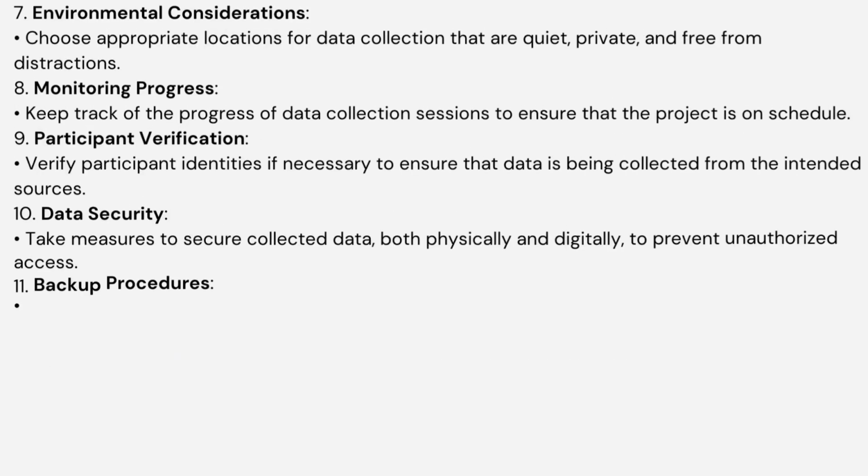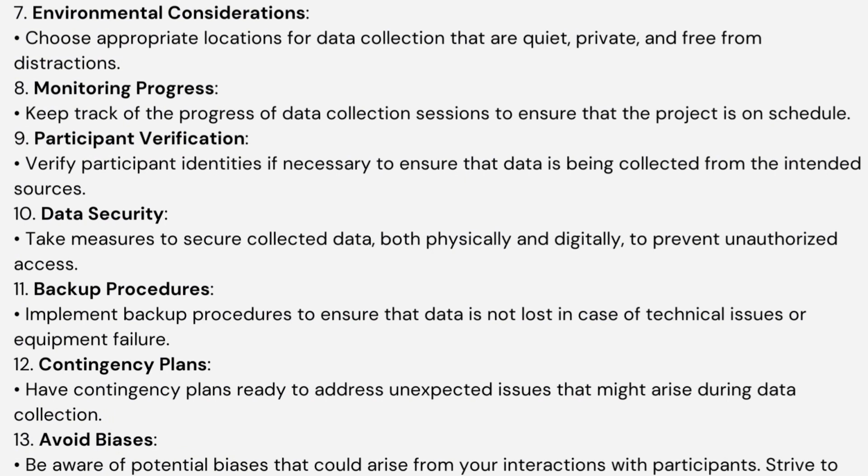Choose appropriate locations for data collection that are quiet, private, and free from distractions. Monitoring progress. Keep track of the progress of data collection sessions to ensure that the project is on schedule. Participant verification. Verify participant identities if necessary to ensure that the data is collected from the intended sources.